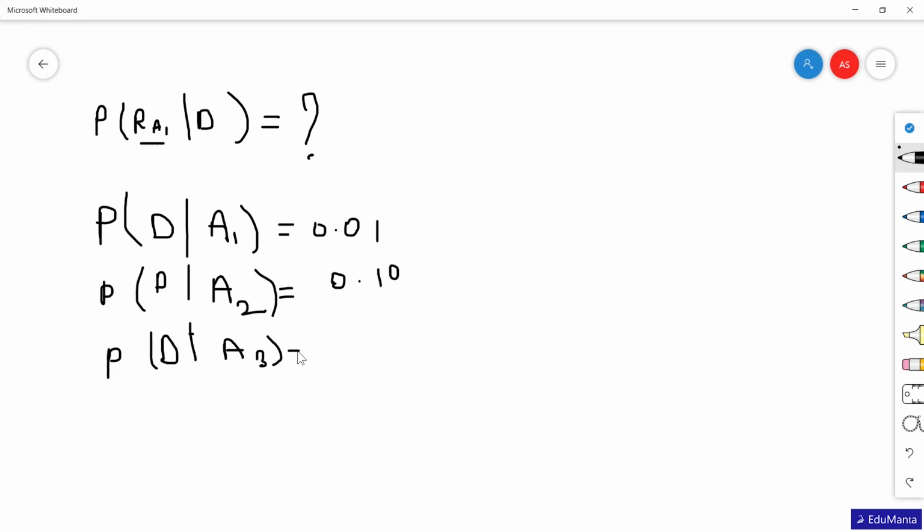This is 18%, 0.18. So these three are given, right?